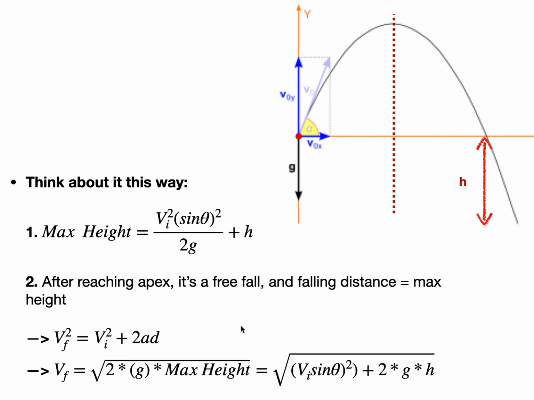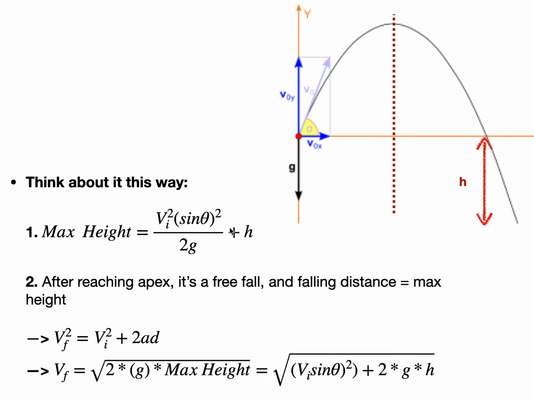So to explain this, we're going to start from the maximum height, because I think it's an easier way to teach this. So we know the maximum height would be this equation. We derived it in the previous video. Where does that h come from?